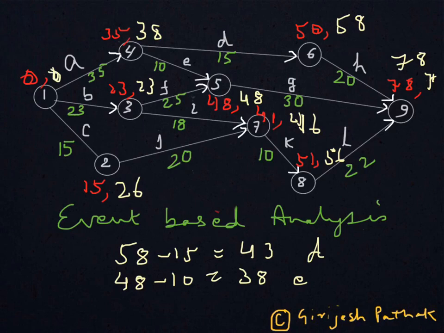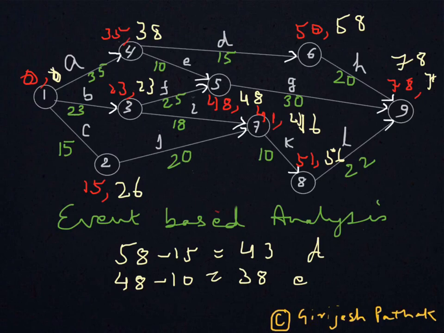So now you find that for node 1, earliest and latest time both are same as 0, but for other nodes, like for node 2 it is 15 and 26, for node 3 it is 23 and 23, that is both are same, but for 4 it is different. For node 5 again you have 48 and 48, for node 6 it is 50 and 58, so again you have some extra time there. For node 7 it is 41 and 46, so again some time.